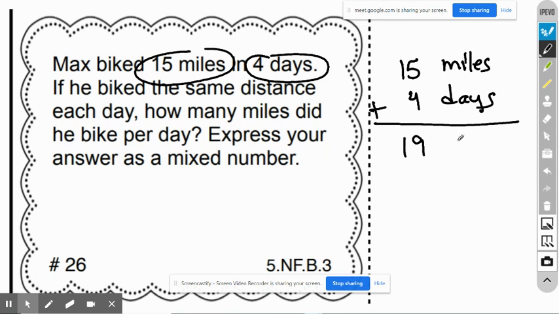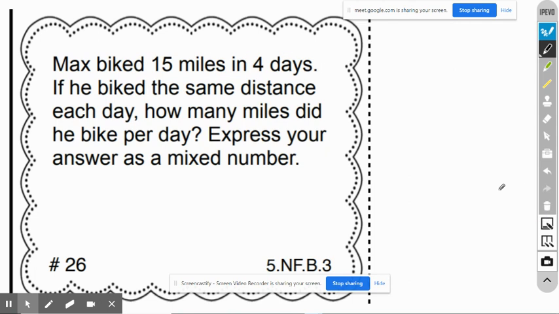Mm, no, here I cannot even add this. I can't add miles to days. That is not 19 miles per day. Also, Dave, how much did 4 days, is that all 4 days combined? He biked 15 miles. It says 15 miles in 4 days. Did he bike 15 miles each day or in all 4 days?